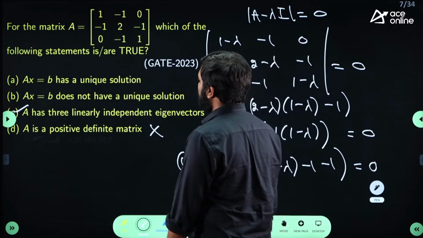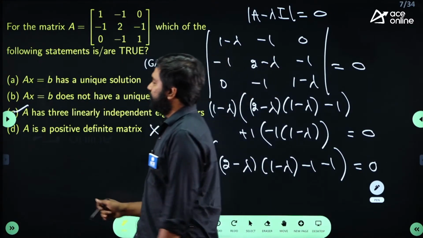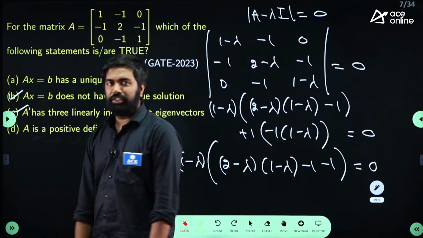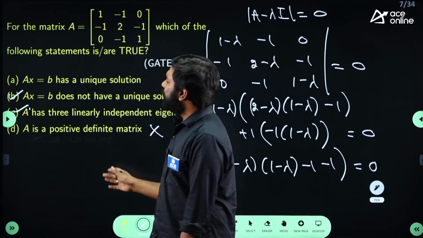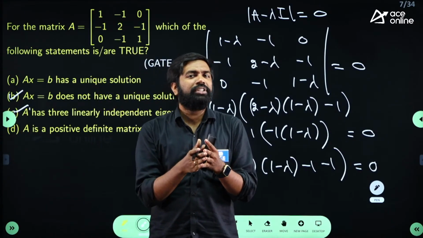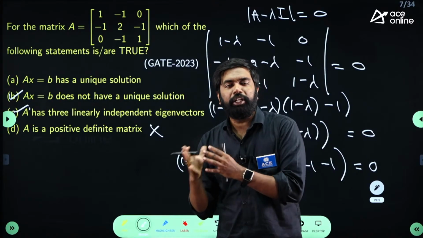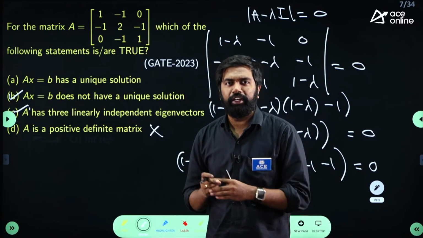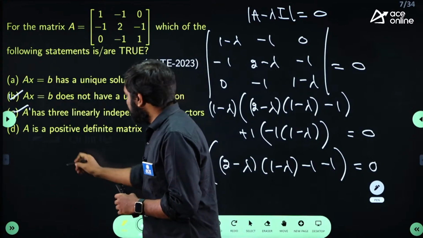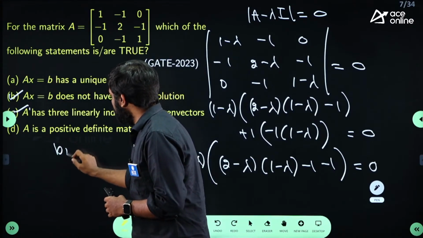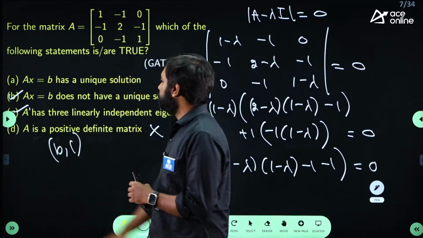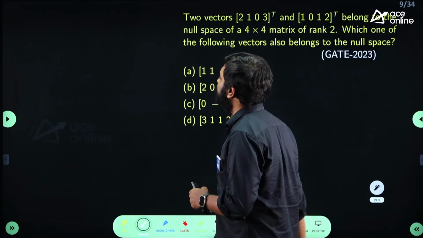Ax equal to b does not have a unique solution. So this is the appropriate answer. I can see that many concepts are linked in this particular question. So the correct answers are B and C. This is also an MSQ. Okay, let's proceed to the next problem.